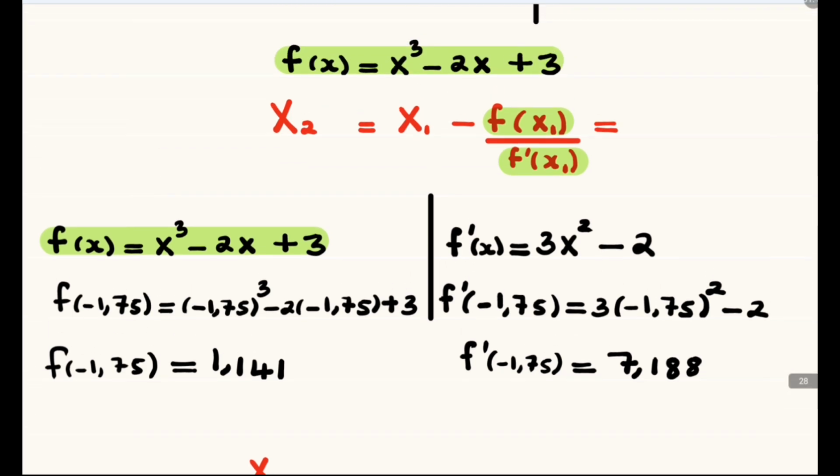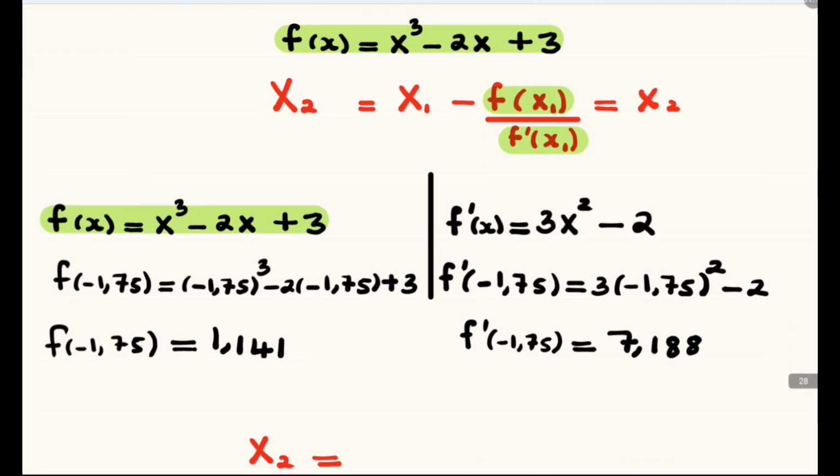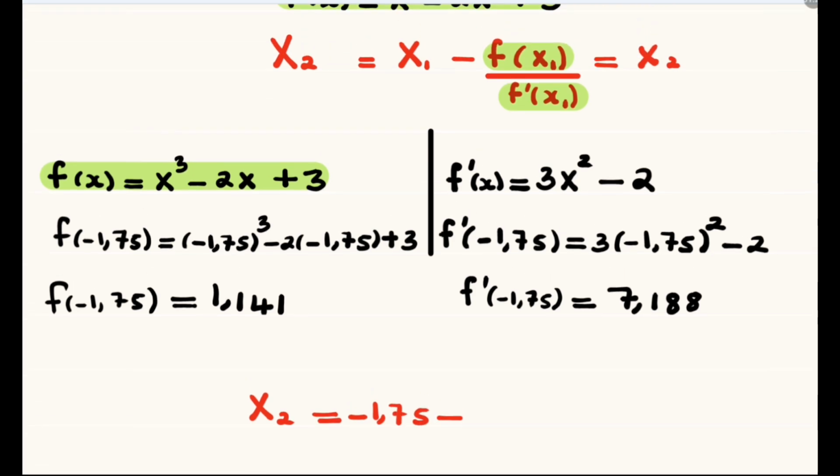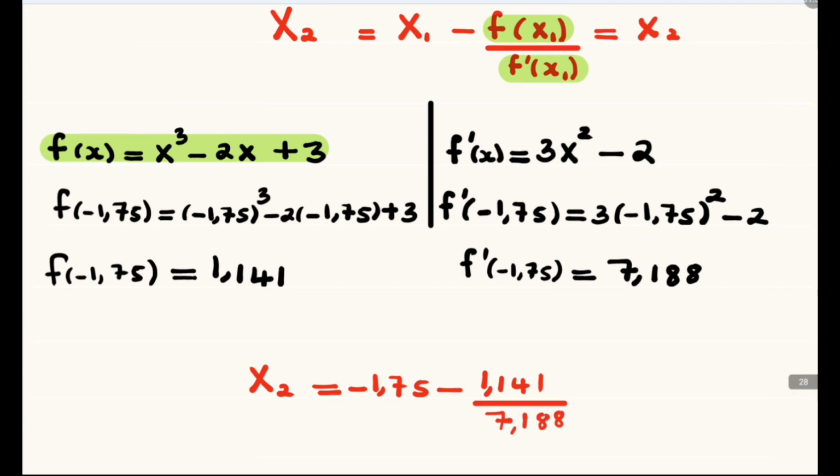Our x1 was that negative 1,75, minus f of x1. Our f of x1 we determined as equal to 1,141 divided by f prime of x1, which is 7,188.